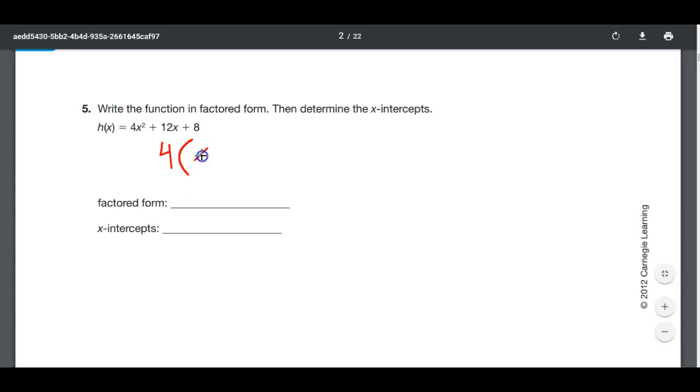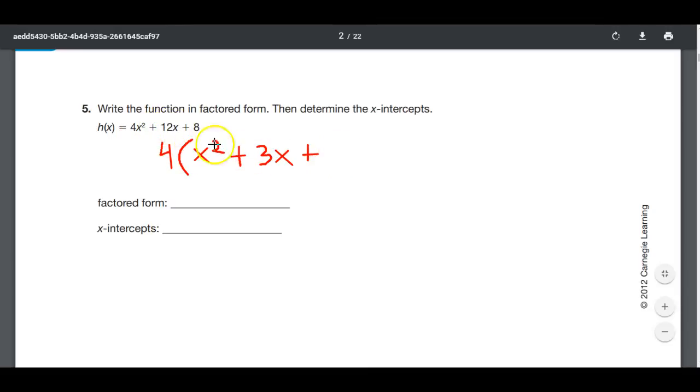I've got x squared plus 3x. The computer is processing this so slow.